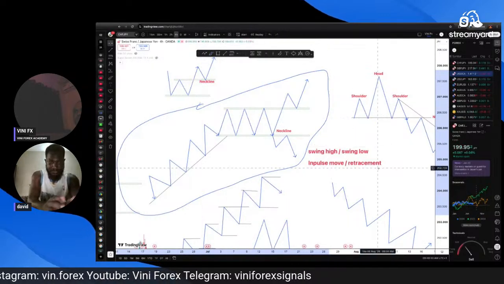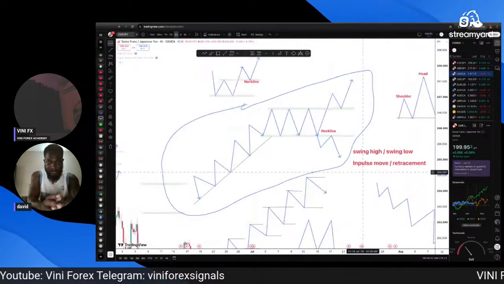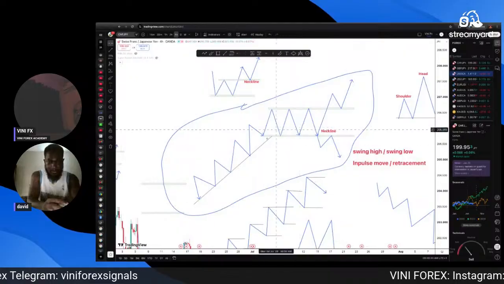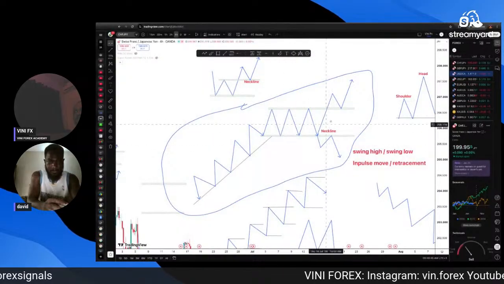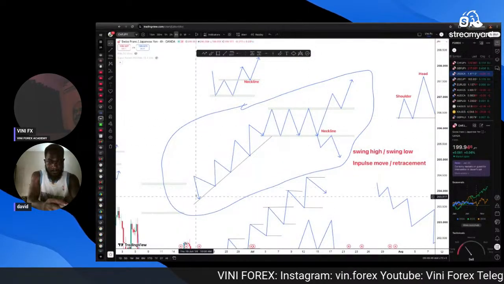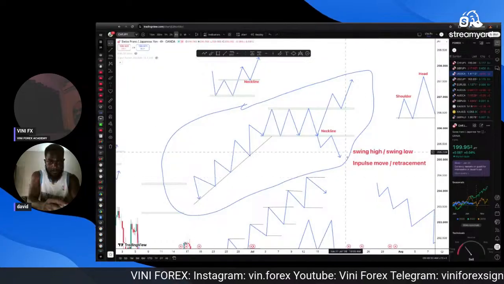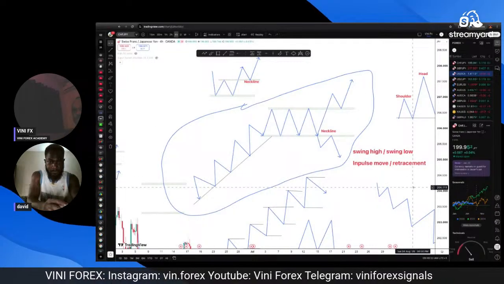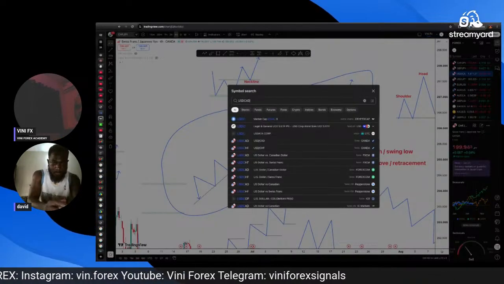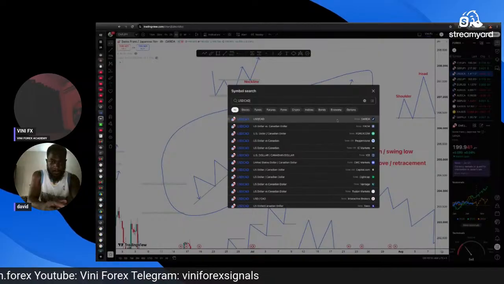Uptrend. This same example is exactly what is happening, what happened on this current place we are looking at.